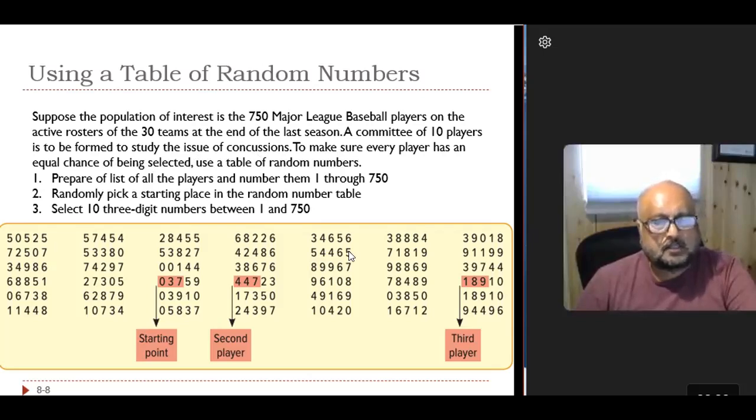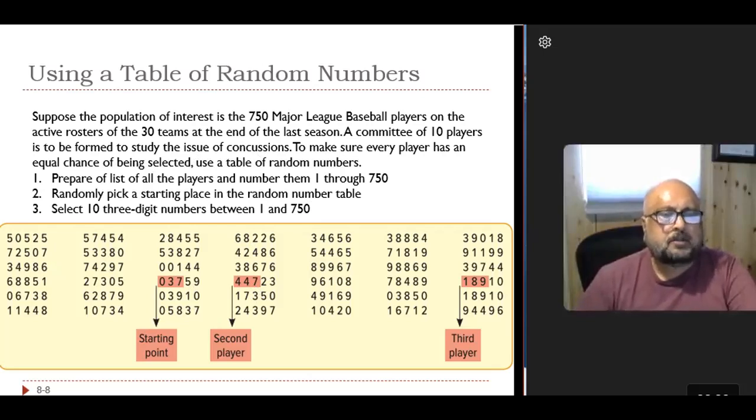Random numbers can be generated with some software on a computer. You can Google search, and there are many free tools available to generate random numbers, right?